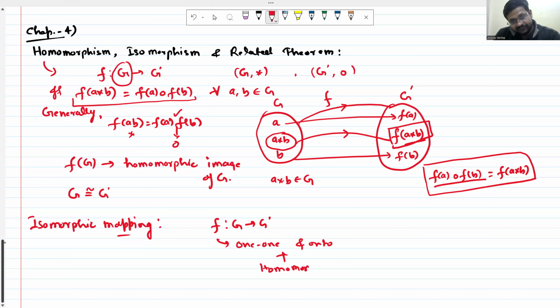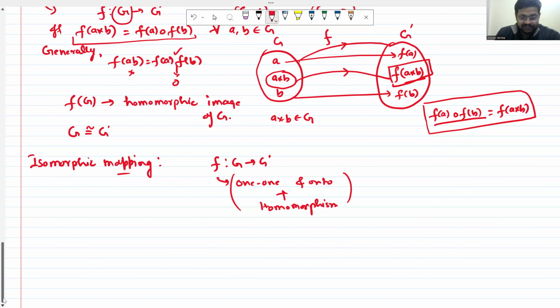That type of function is called an isomorphism. Okay, got it? It means if the function is bijective and also preserves this condition, that is, satisfies the condition of homomorphism, that type of function is called an isomorphism.